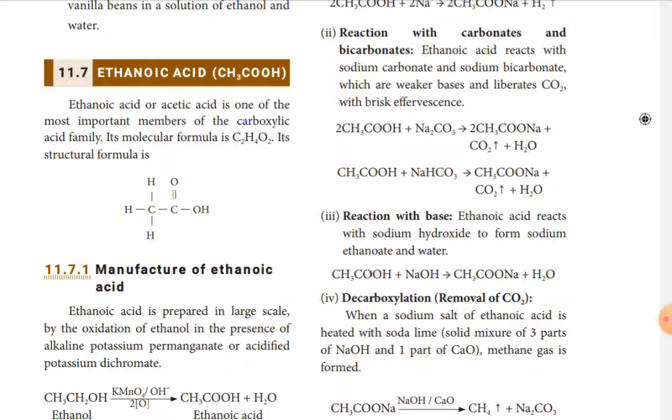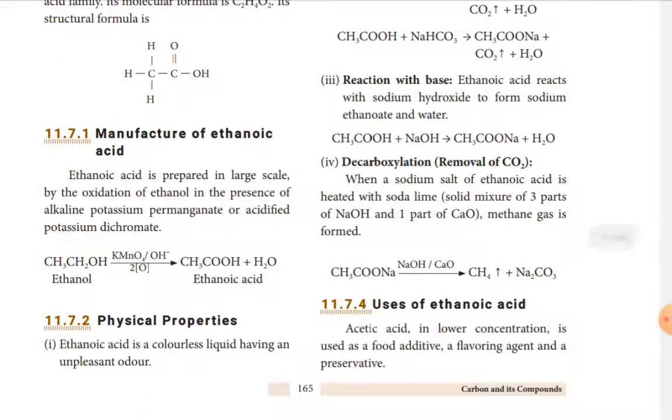So in the manufacture of ethanoic acid, I already told in the oxidation of ethanol, that ethanol is oxidized to ethanoic acid in presence of alkaline potassium permanganate or acidified potassium dichromate. So the same reaction, the same principle is used in the manufacture of ethanoic acid.